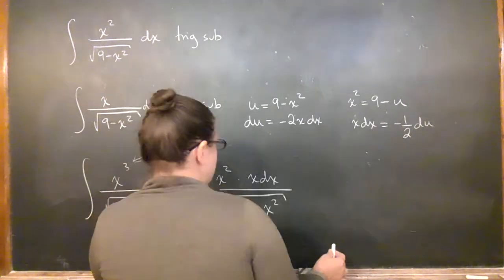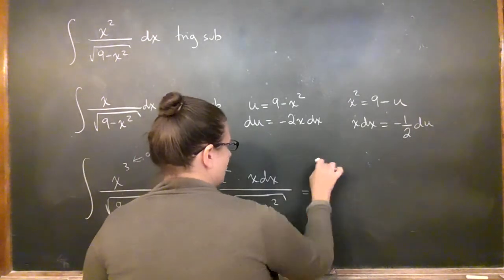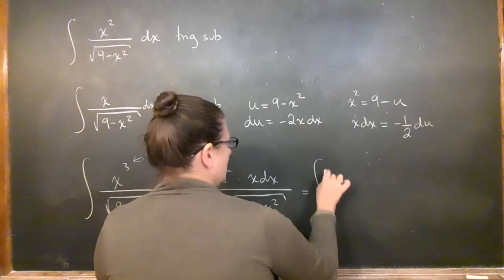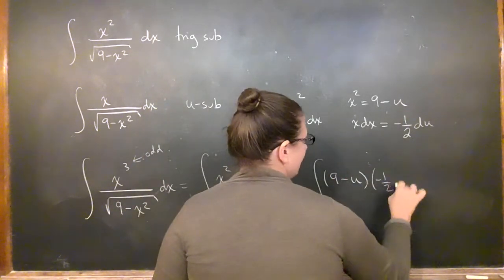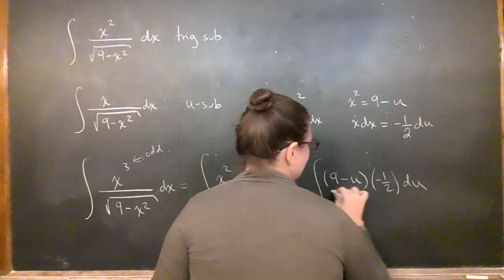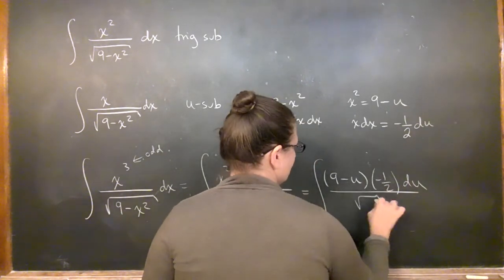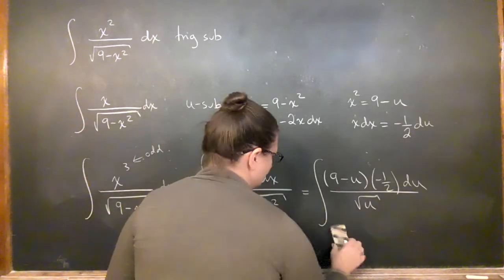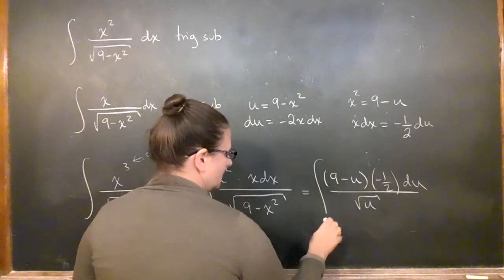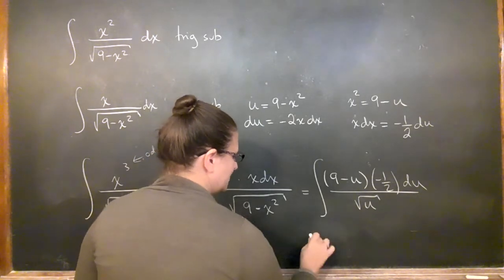So substituting all this in here gives me 9 minus u times negative 1/2 du, and this is all going to be over the square root of u. Okay? So let's see what this becomes.